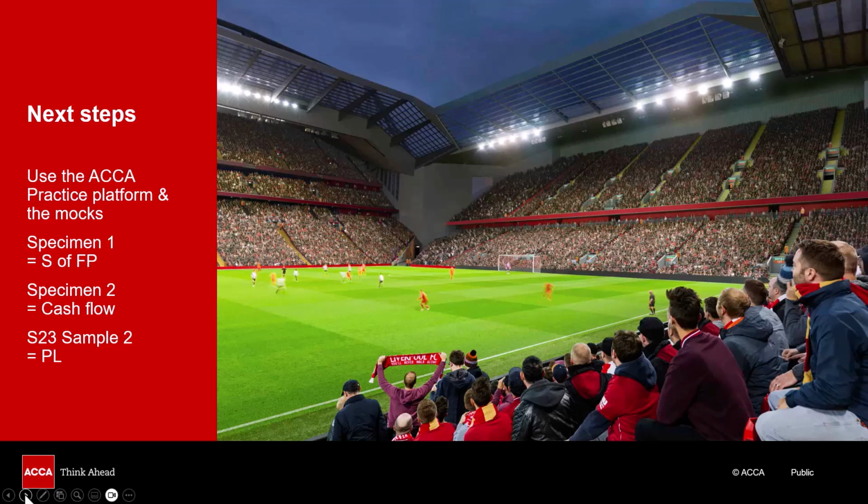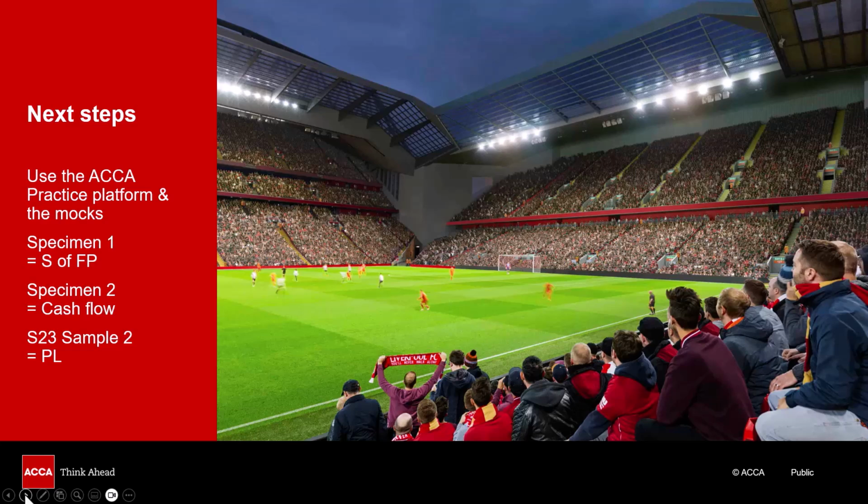All right. Now, why am I showing you a picture of Anfield? This is where Liverpool FC play. I'm not a Scouser, and I'm not a Liverpool football fan at all. But I'm showing you this picture because when Liverpool play at home, they're comfortable and they normally win. They know the atmosphere. It's familiar territory.